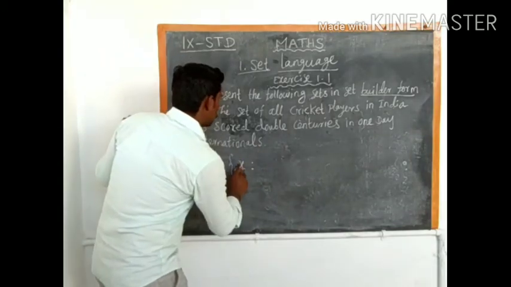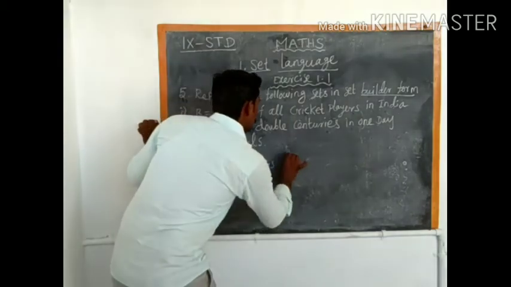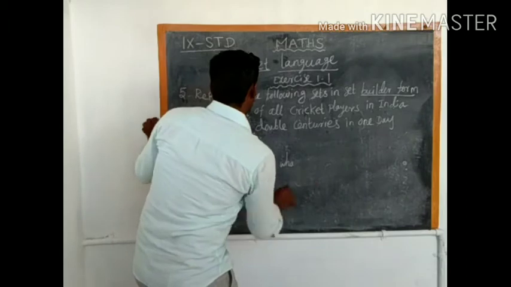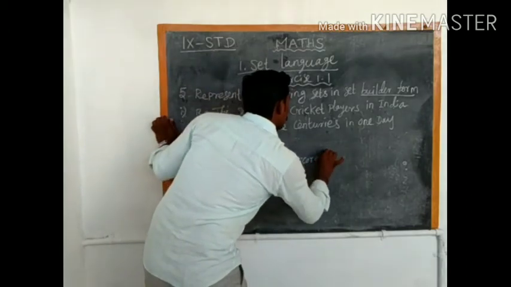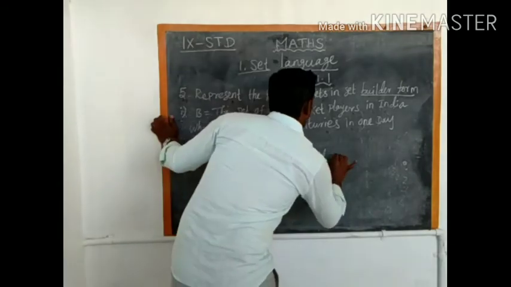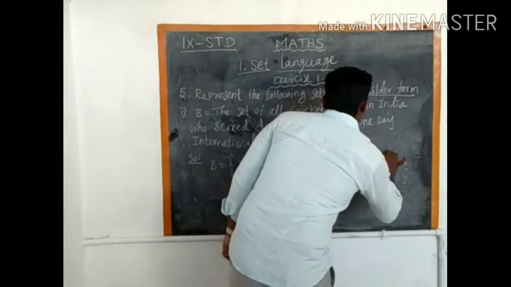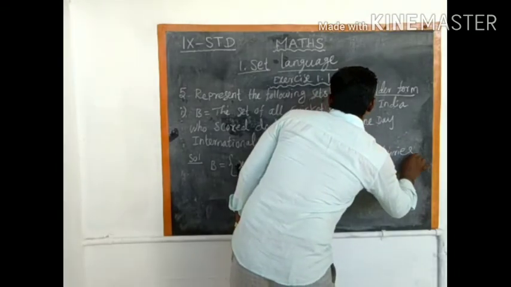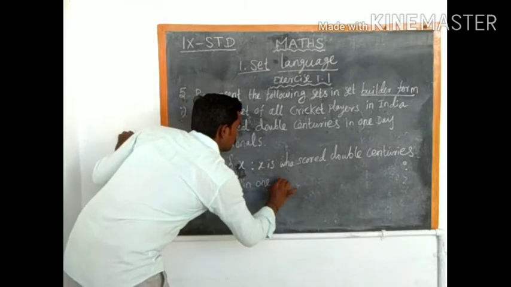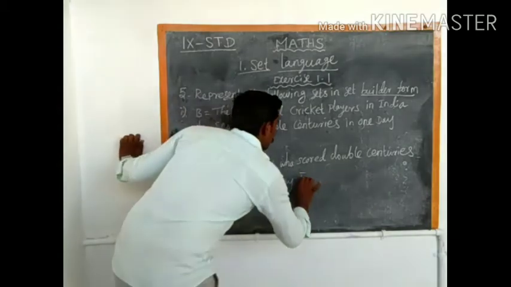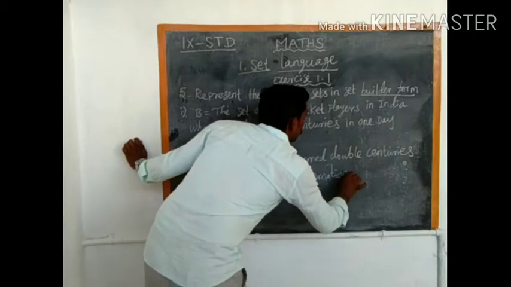So x such that x is who scored double century in one day internationals.